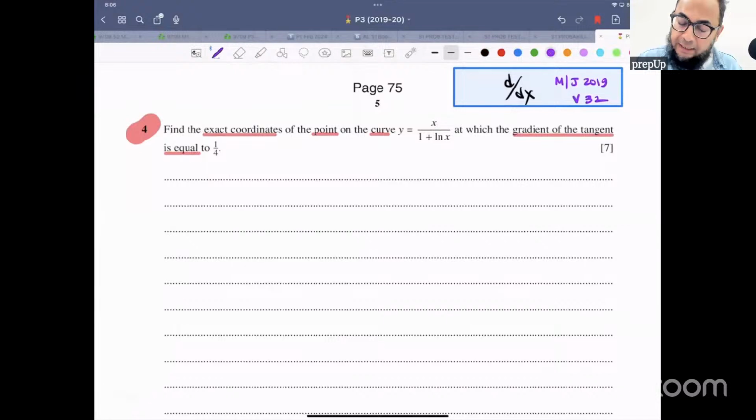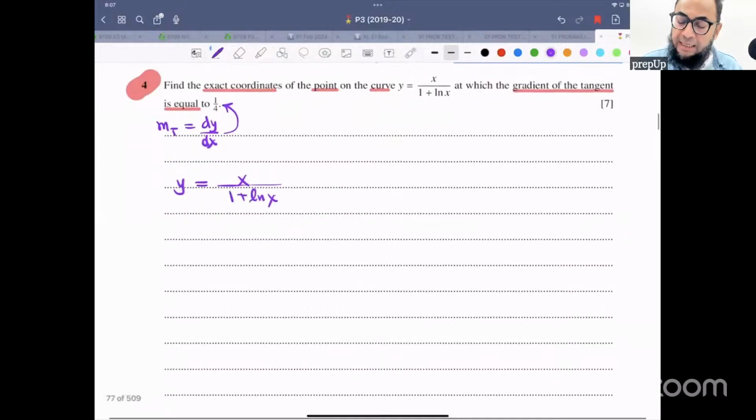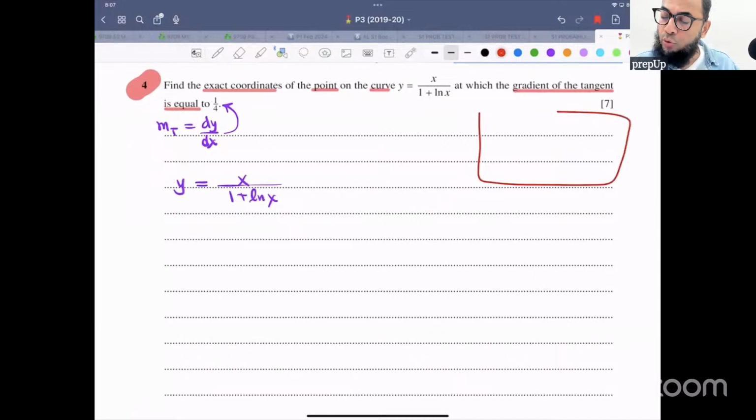We know that gradient of tangent is dy by dx. So we have to make it equal to 1/4. The next thing, y is equal to x over 1 plus ln x. Now it's application of quotient rule. So let me write quotient rule over here.